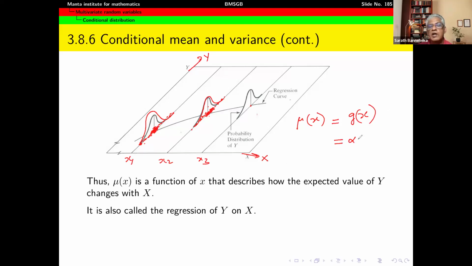For example, it may be alpha plus beta x, in which case we are assuming that it is a straight line, or it may be in the following form, alpha plus beta x plus gamma x square, so it may be some sort of quadratic function, or it may be alpha times e to the power beta x, some kind of function going up like that. So generally, in a situation where we are considering y and one x variable, we may be interested in finding out the relationship between this mu x and x.